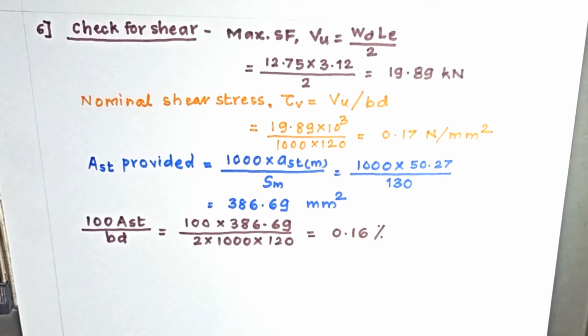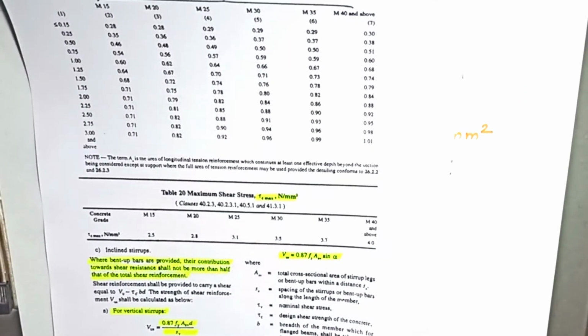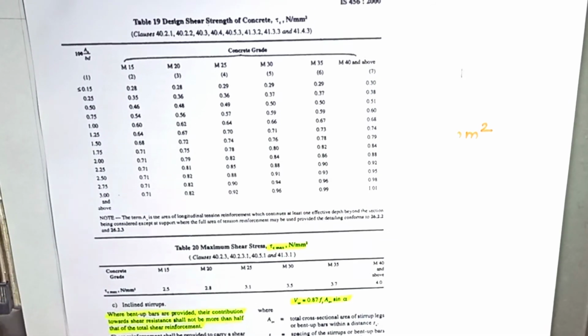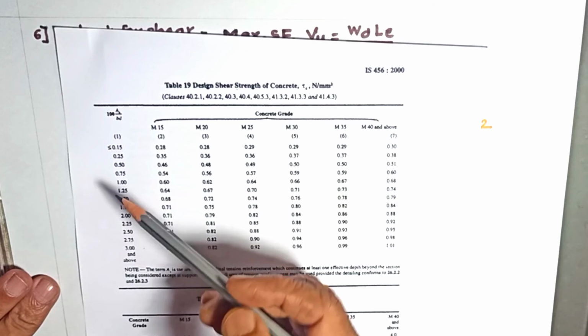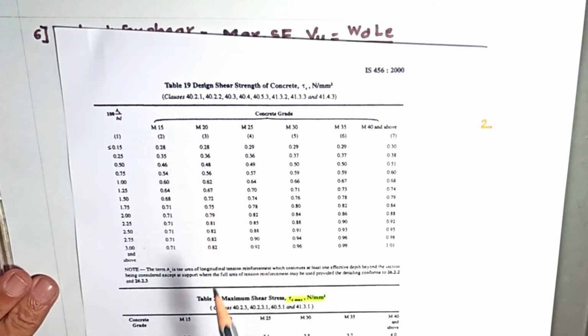shear strength of concrete. Now look here, for that purpose, see here, this is table number 19, in which you will find that here there are percentages and this is M15, M20.